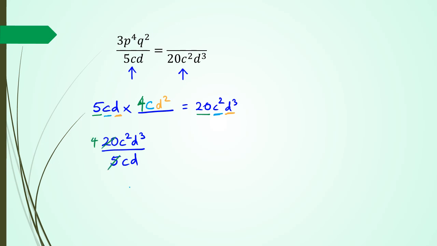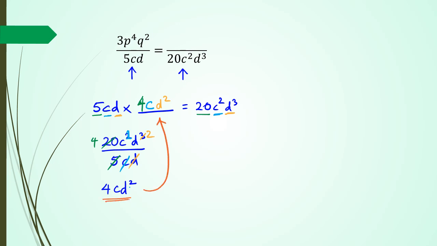The 5 disappears because 5 divided by 5 is 1. And then c squared divided by c is going to be c to the power of 1. And then d cubed divided by d is going to become d squared. And what's actually left over is 4cd². And that, ladies and gentlemen, is what we actually ended up getting here.